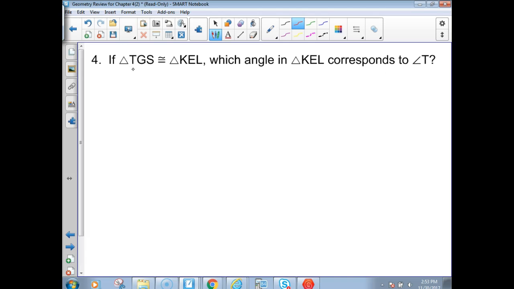Okay, every congruence statement tells you a wealth of information. Because T is the first letter, and K is the first letter in the second one, T and K correspond. That means angle K is congruent to angle T. Now, with that in mind, what's congruent to EL?